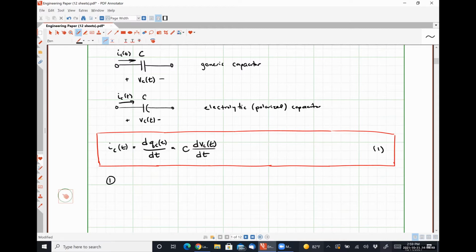So in a DC circuit, where the voltage drop across the capacitor does not change as a function of time, what must the current flowing through the capacitor be? 0, okay? So that means that in a DC circuit, a capacitor behaves like an open circuit, right? Because the current flowing through it must be 0.